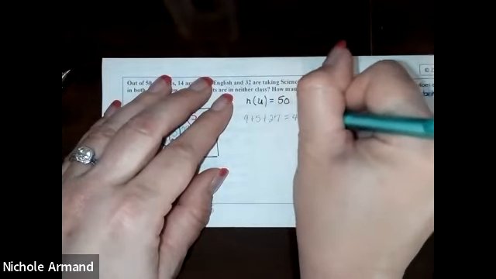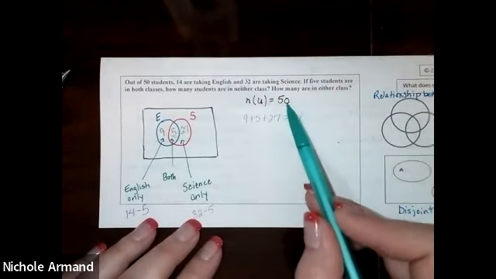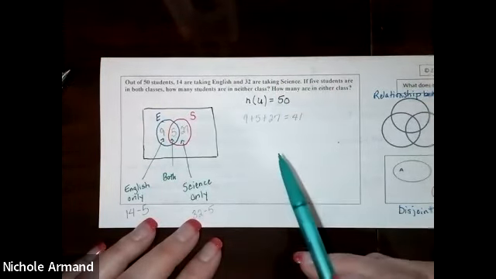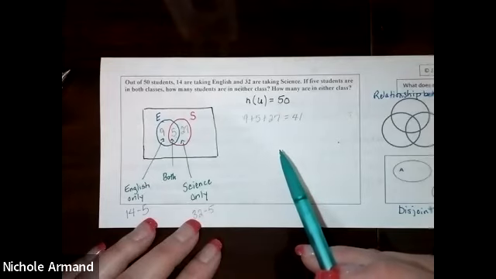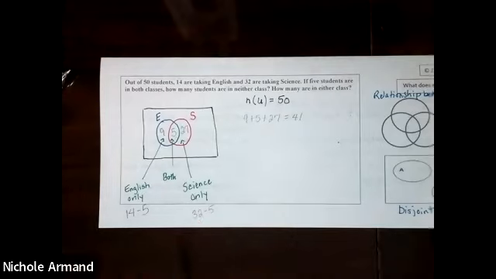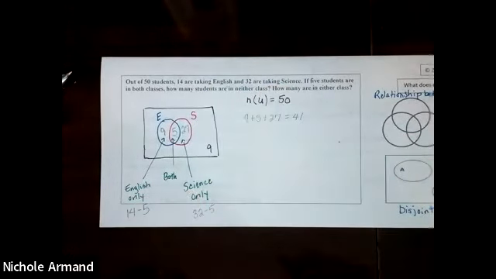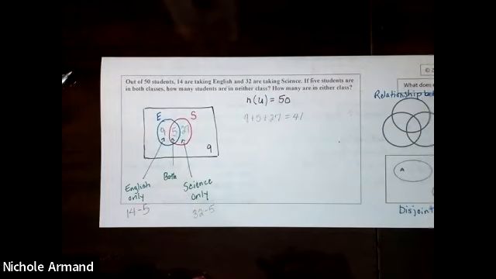That's only 41. But we said out of 50 students. So what does that mean? It means that there are 9 students that are not accounted for. It means there are 9 students out here in the universe that are not taking English or science.